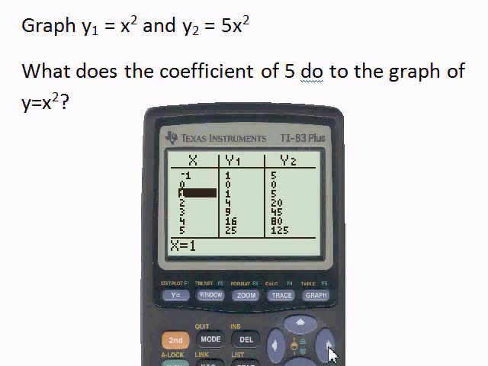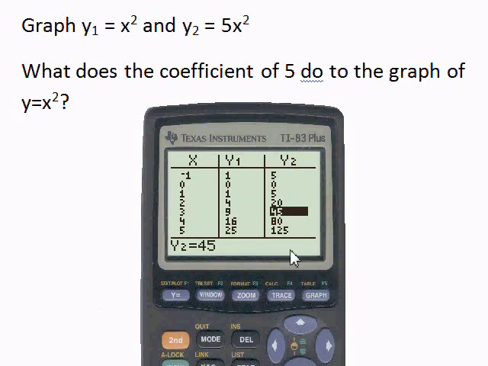Now notice, if our original value was 1 for y1, our x squared, when we multiply by 5, it's kind of obvious, the y2 values are 5 times bigger. If the y value was 4 originally for x squared, the y2 value is 20. If the y value was 9, the y2 value was 45.